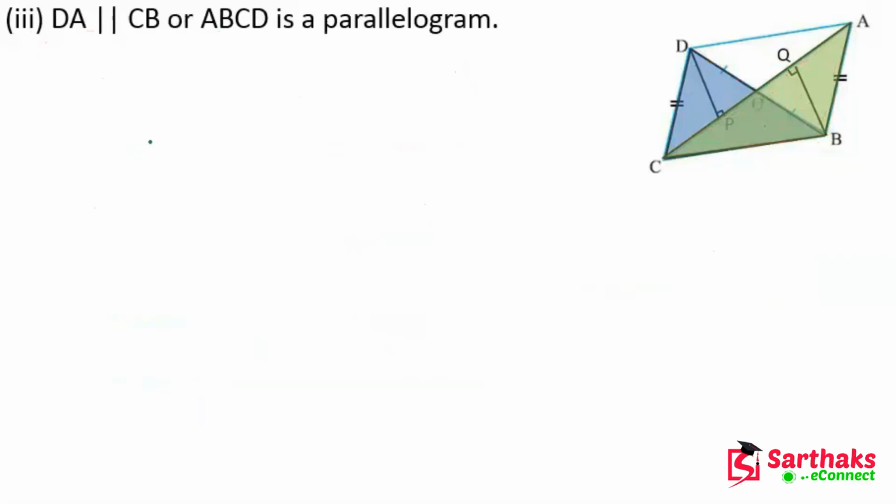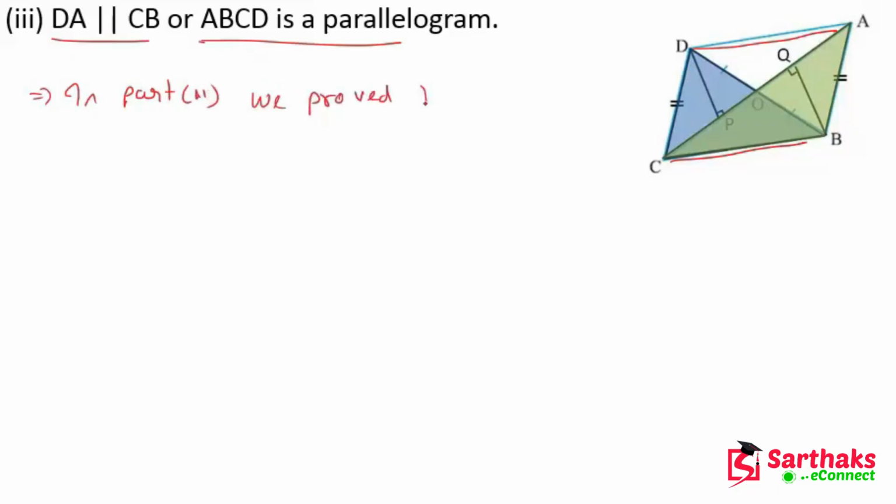Now in the third part we have to prove that DA is parallel to CB, means this line DA is parallel to CB, and ABCD is a parallelogram. So in part 2 we proved that area of triangle DBC is equal to area of triangle ABC.